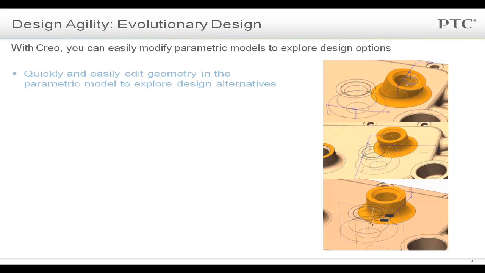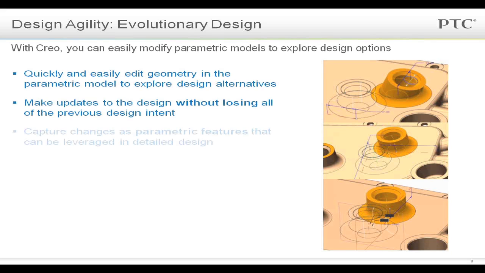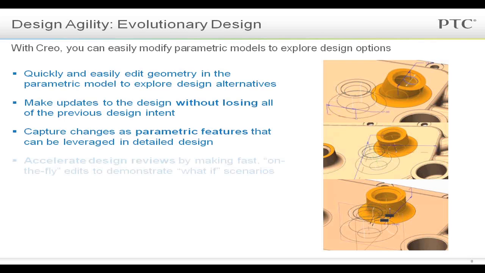So with Creo, we can really easily modify existing parametric models for whatever purpose we like. We can simply select geometry, and bear in mind I'm talking about geometry here and not features, and push and pull that geometry around in very interactive ways. I'm also not losing the previous design intent because I'm building on the existing parametrics.